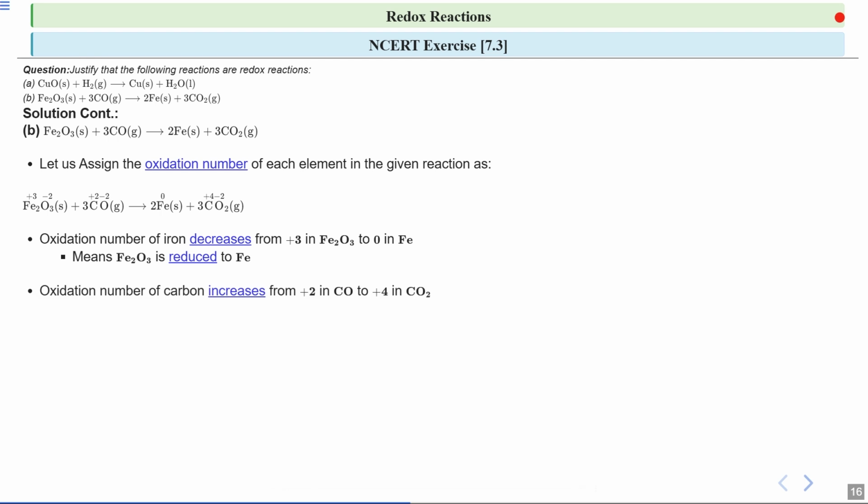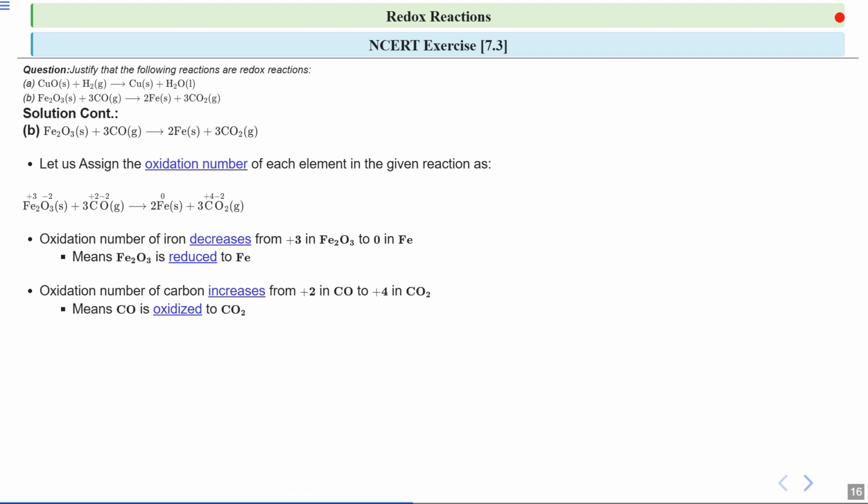Then we have the discussion about carbon monoxide. Here the carbon is having a +2 oxidation state and it is moving on to a +4 oxidation state in carbon dioxide. That means the carbon monoxide is getting oxidized due to the increase in the oxidation number of carbon in CO to +4 in carbon dioxide.